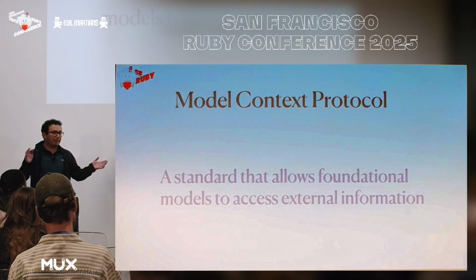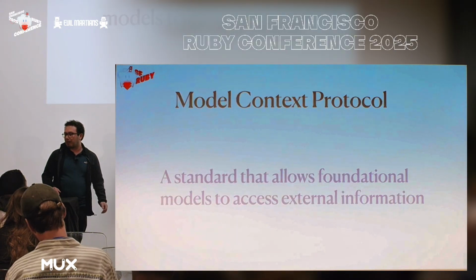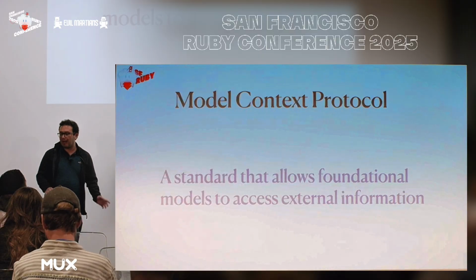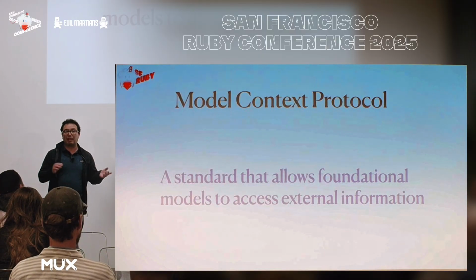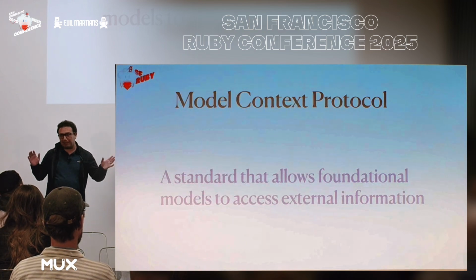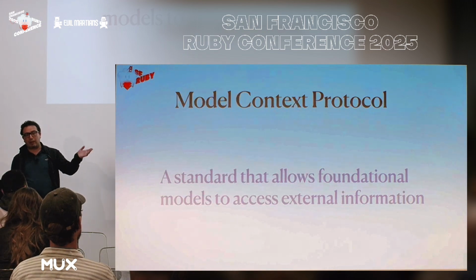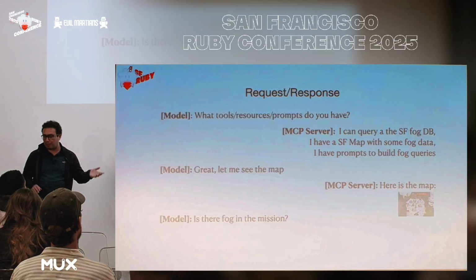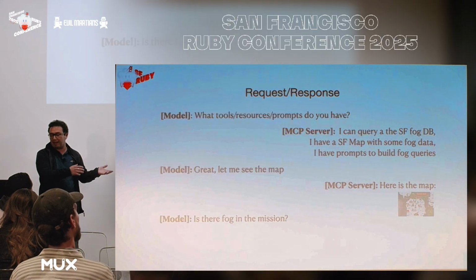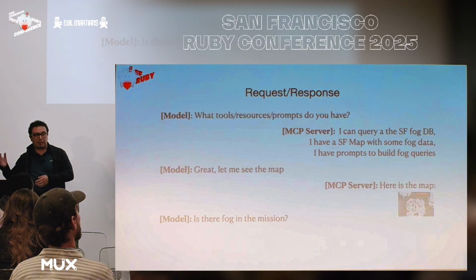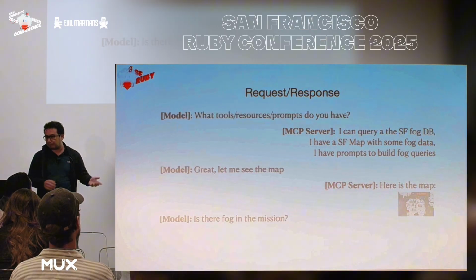So just the standard definition of what is Model Context Protocol. It is a standard that allows foundational models to access external information. And that's it, very simple. And the way it works, it's in request-response mode. So the model asks a question, and the server responds with that. And it can ask another question, and the server comes back with another response.